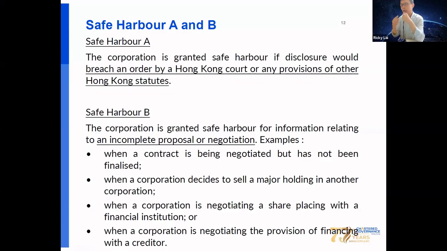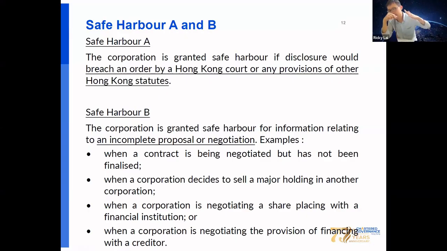Including that the company has executed an MOU and LOI with third parties, and after the completion of due diligence, both parties are negotiating the terms of the contract as well as the consideration, but everything has not yet been finalized. So that's the reason why confidentiality is very important to enjoy safe harbor B. Everything should be put on a highly confidential basis.